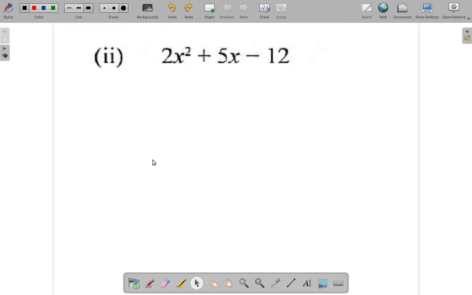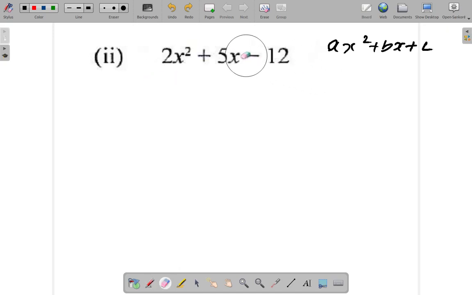Alright, now as we saw a while ago, generally you have ax squared plus bx plus c as the general form of the quadratic expression.